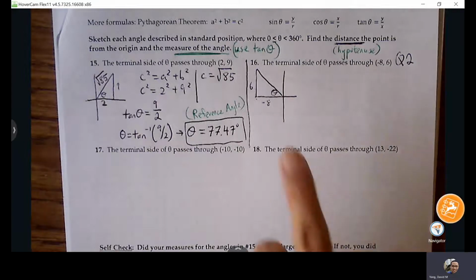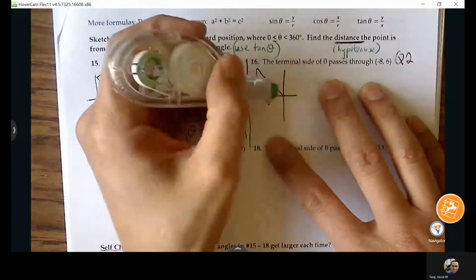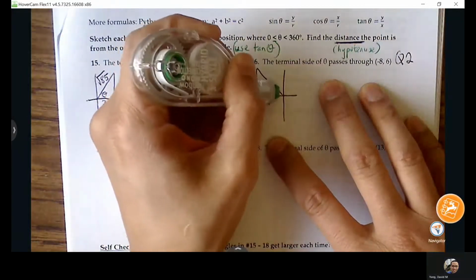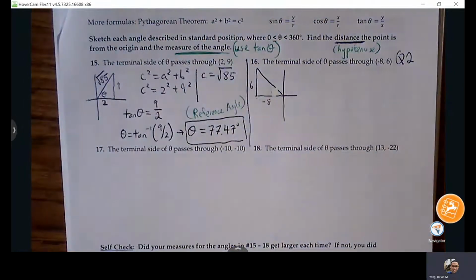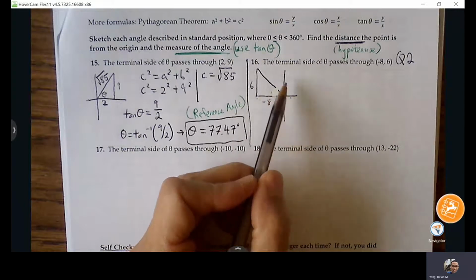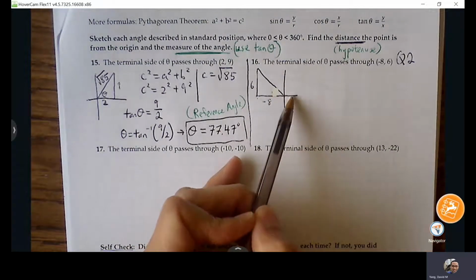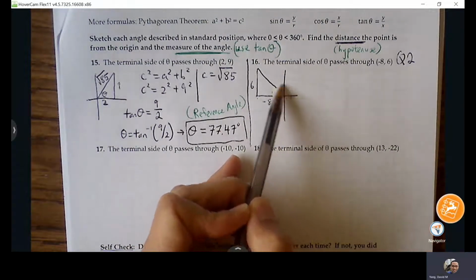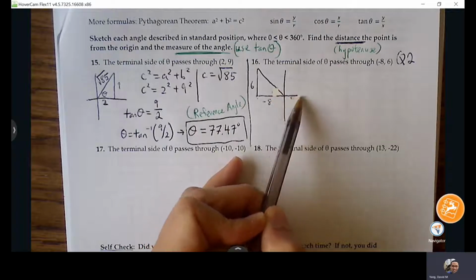That is the theta we're going to find, but we're going to have to find the big theta, which is counting from the terminal side from 0 degrees. Okay, but for now, I'll put theta.